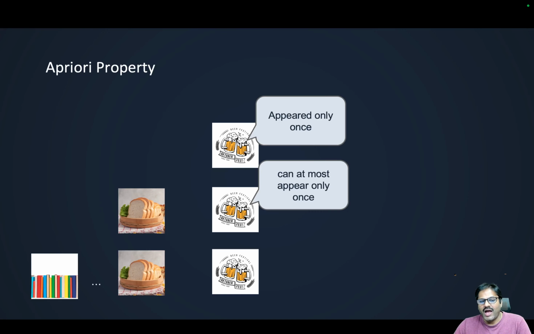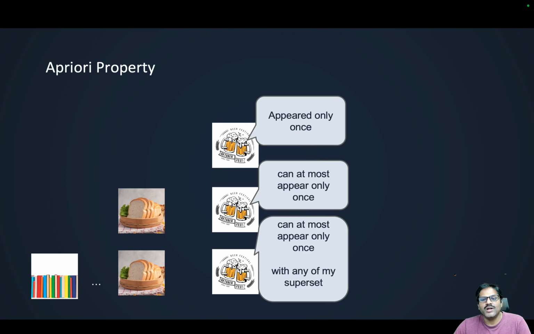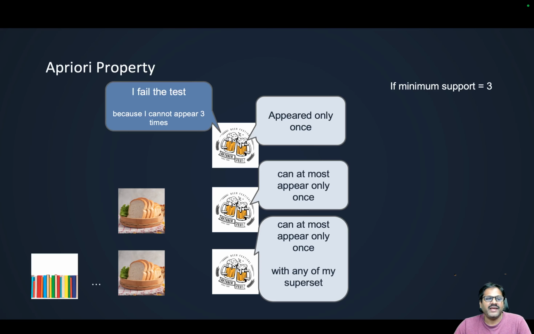Similarly, if I include many other items to beer, its support at maximum can only be 1. If minimum support specified by the user is 3, then we can clearly tell that beer has failed the test because beer cannot appear more than or equivalent to 3 times.